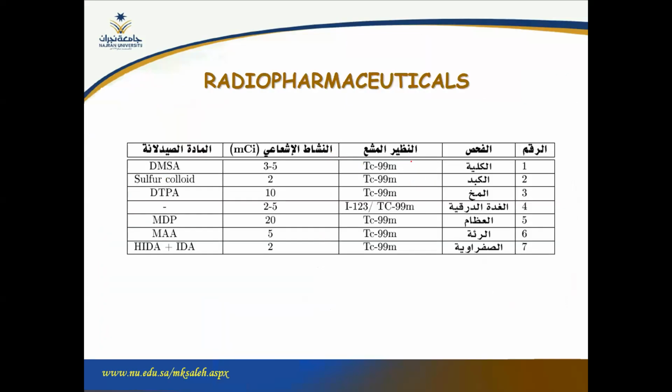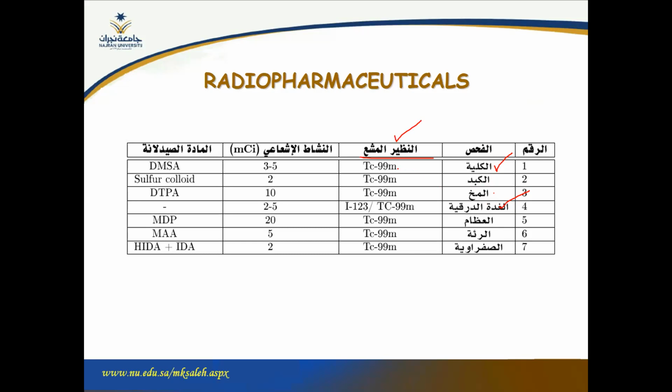Okay. What other radiopharmaceuticals and radioactive isotopes do we use, and for what type of examination? I'm sorry, it was written in Arabic, but of course you can translate it. We have here the kidney. We can use it for examination of the kidney, the liver and brain, the thyroid gland, the bone, and so on. And in this column, you can see the isotopes.